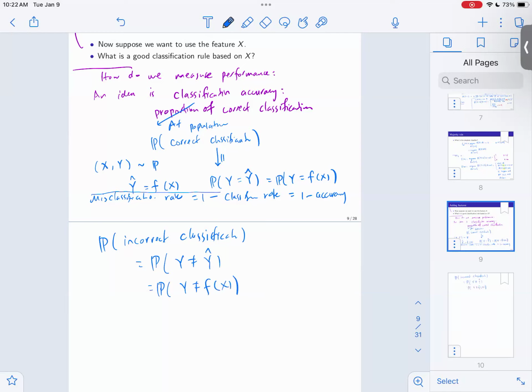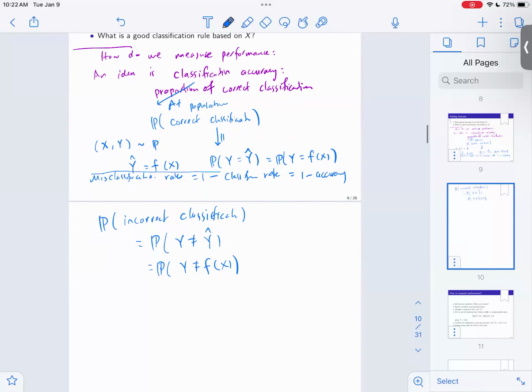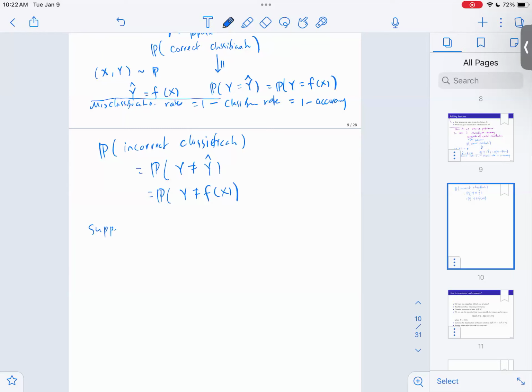Okay. So suppose I give you a particular f, how do I actually calculate this quantity? This is sort of equivalent: once I have this, 1 minus this would be that. But for a reason that we'll see, I'm going to look at this. So suppose I give you f majority, the majority rule.